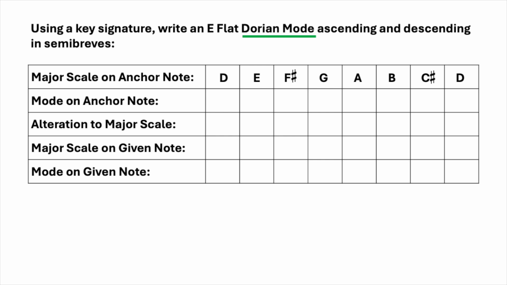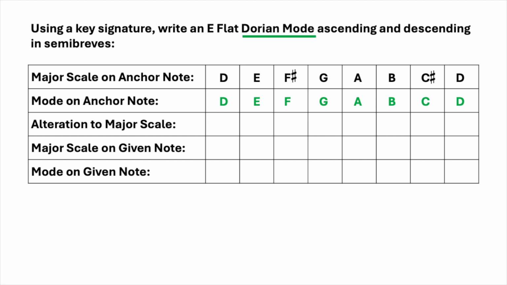Next, we would write out the mode starting on the anchor note. Remember that our modes use only the natural notes when started on their anchor notes. So here we will write D, E, F, G, A, B, C, and D. Now we can see how we have changed the major scale to convert it into a mode.